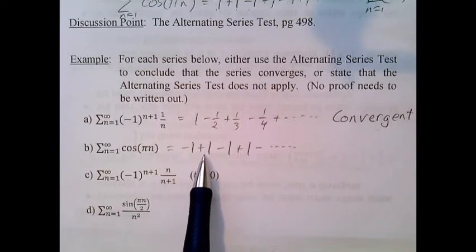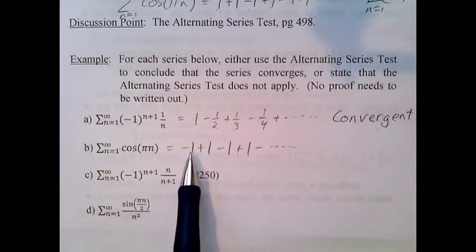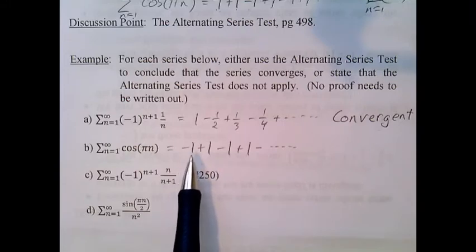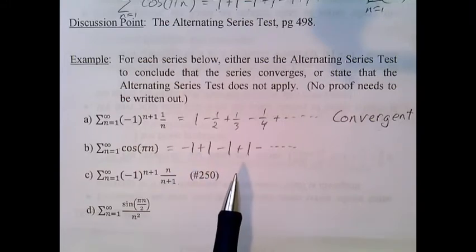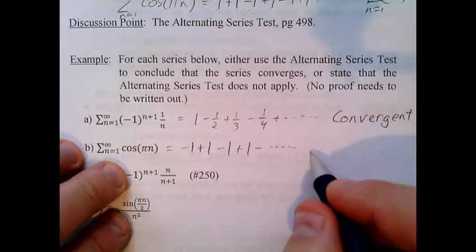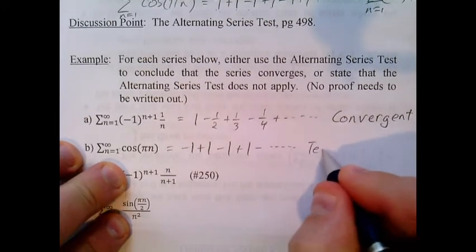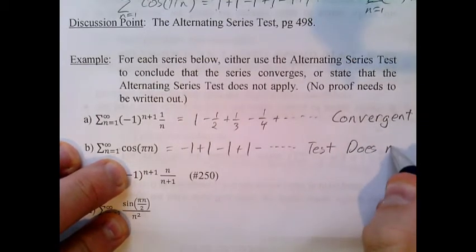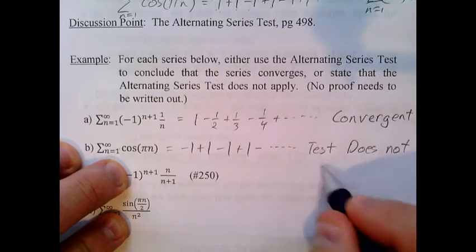Each term had to be less than or equal to the last term in terms of absolute value, and we got that condition, but they're not going to 0. In fact, if we cover up the signs, the terms are all 1s. Clearly not going to 0. They're all 1. So the alternating series test does not apply.